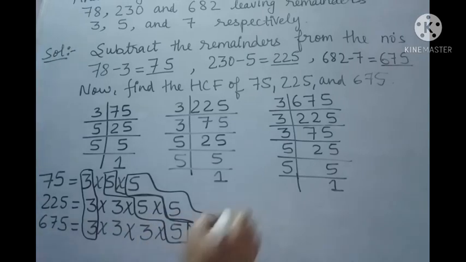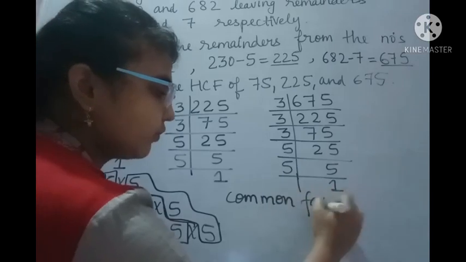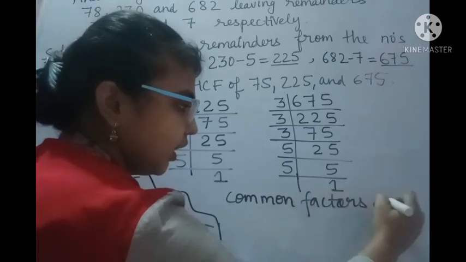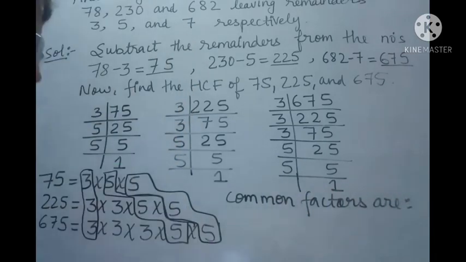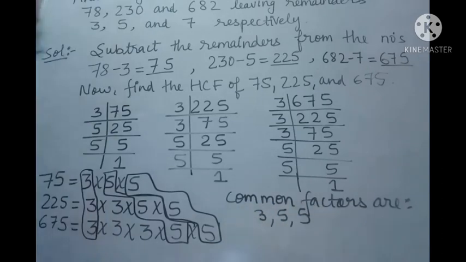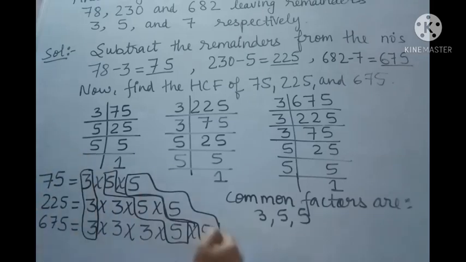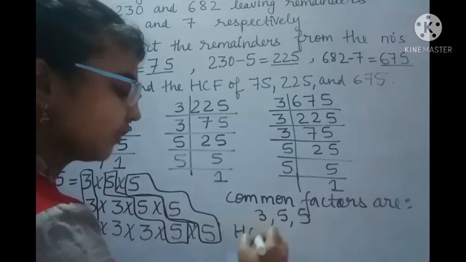So what common factors am I getting? Write them together: the common factors are 3, 5 and 5, because I am taking one 3, one 5 and one more 5.